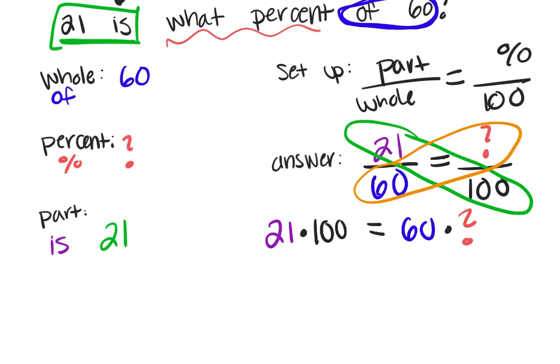So after I've cross multiplied, all I've done is set it up. I'm going to multiply what I can. I can do 21 times 100, and we can use calculators for this. I literally just typed it into my calculator, and you get 2,100 equals, I don't know what 60 times question mark is, so I'm going to leave it that way.